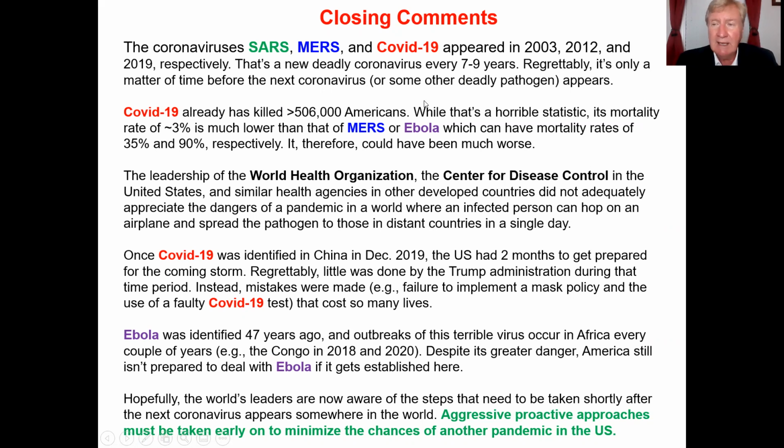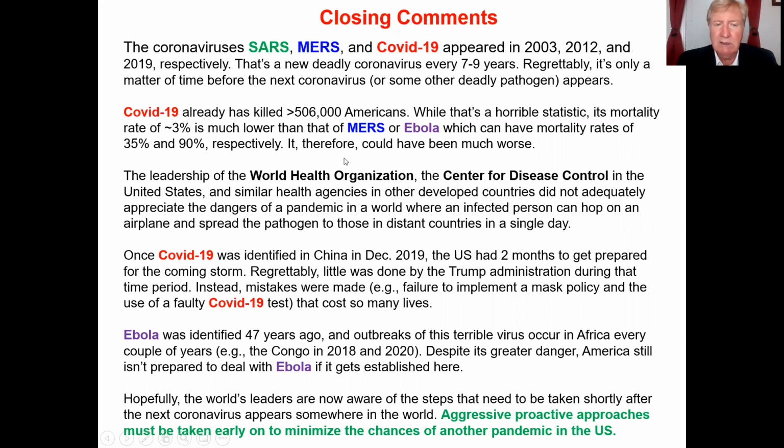Now, coronavirus already has killed 506,000 Americans, and that's a horrible statistic. But its mortality is 3%, which is much lower than MERS, which has a mortality rate of 35%, or Ebola, whose mortality rate approaches 90%. The bottom line: it could have been a lot worse.